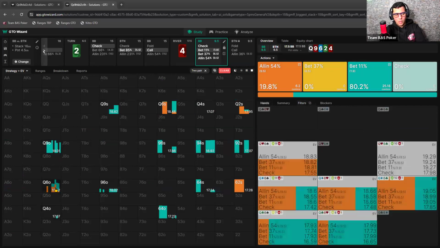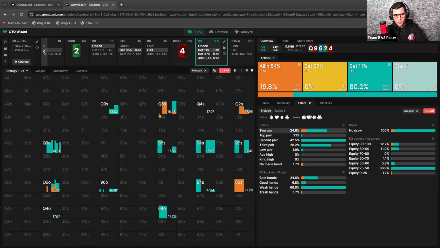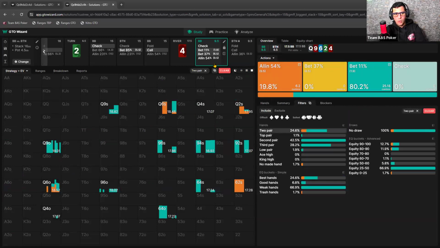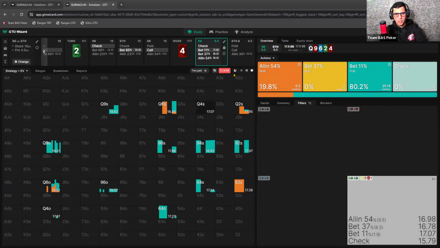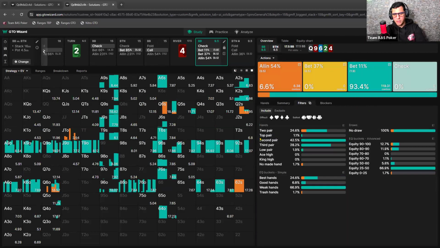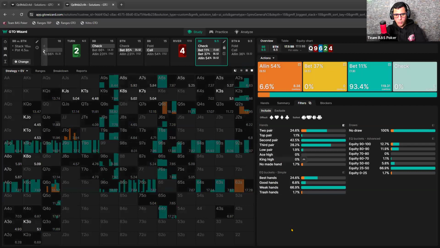I still want to get value from those, because if he wants to call an all-in with those hands, again, I didn't node lock the all-in. It just needs to put a bluff in, but other than that, it's going 100% with the block bets.